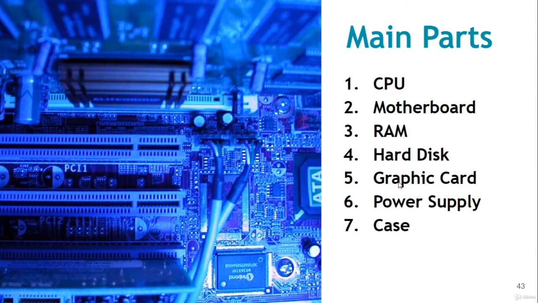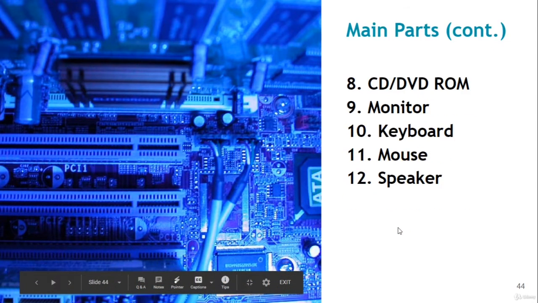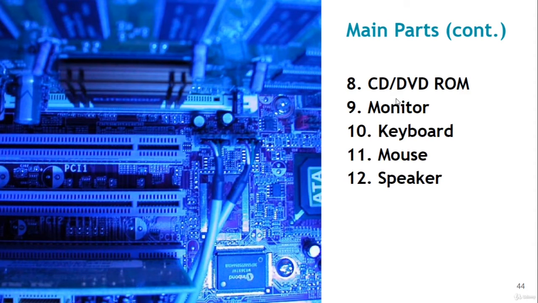A graphic card is the device of the computer that increases the performance and graphic quality, I mean, the picture you see feels great if the graphic is higher. A power supply gives the power to the computer to turn on. The case is the tower, the big thing here. And there are CD or DVD ROM, monitor or screen, and in laptops, keyboard, mouse, and speaker. These are the main parts that every computer has, especially desktop computers.